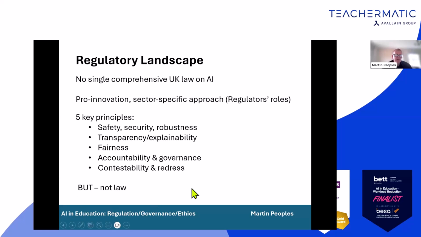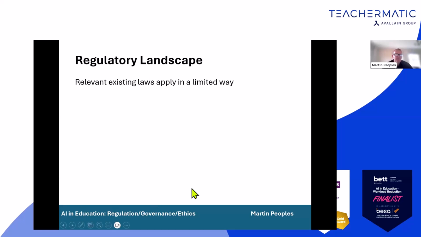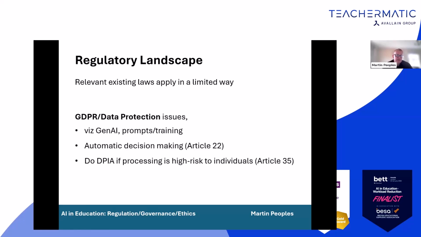Otherwise, you're hoping that people act the way they ought to act. Now the thing is as well that in terms of laws, there are existing laws that weren't designed for an era of AI, but the use of AI has implications, and the obvious one there is around GDPR, data protection issues. And I'm sure in your training for use of generative AI, you've been told about this.